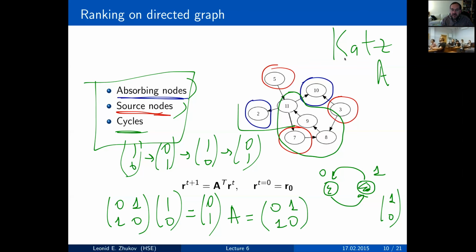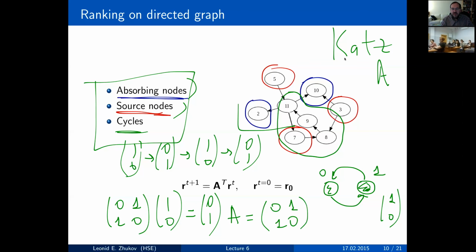If you do not, then if the graph has cycles, your algorithm will not converge. If it doesn't have cycles but has absorbing nodes, all the rank will accumulate on those nodes, and pretty much all the source nodes will have zero rank left for them.